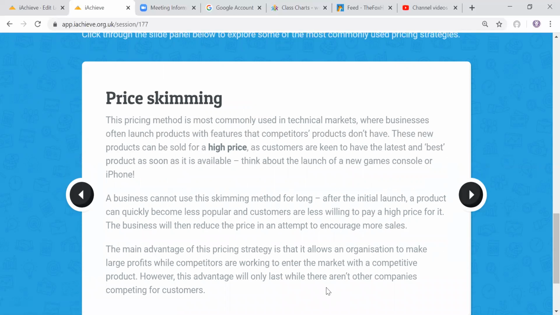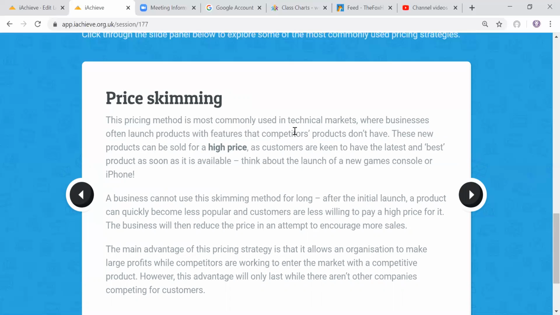The next method is made famous by Apple whenever they launch a new product. It's called price skimming. This is the method that is used by Apple when it launches a new product or service.